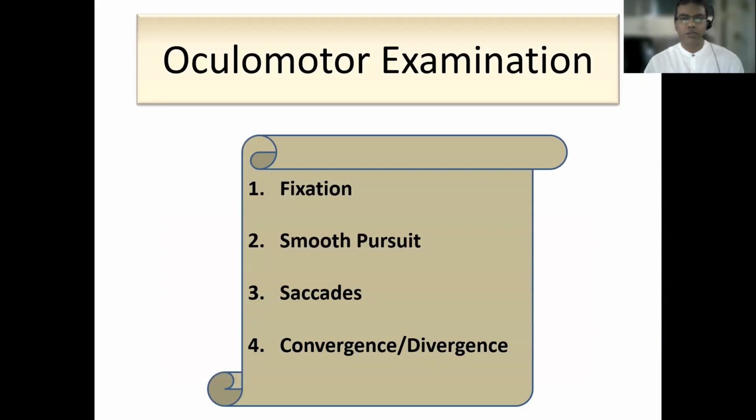Oculomotor examination. These again are tests which look at the movement of the eye, and there are four tests that we do. Fixation, looking at the ability of the eye to fixate on a particular object. Smooth pursuit is the ability of the eye to track the movement of an object.